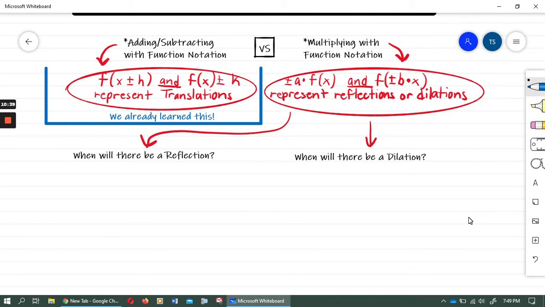So again, there will only be a reflection if the number being multiplied, either on the inside or on the outside of the function, is negative.